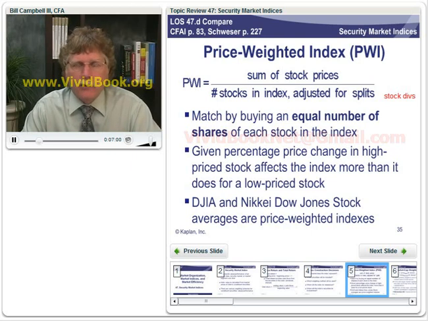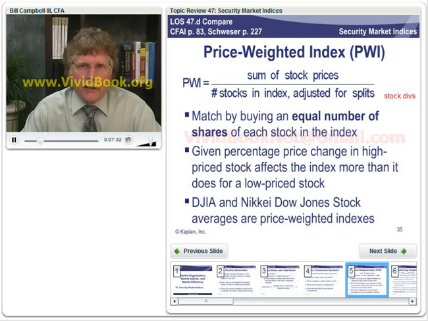So if you included Apple stock in there, which is trading somewhere around $600 a share, that's going to have a much bigger influence than would another stock that's only trading at $50 a share. At $600 a share, a 1% increase is much bigger than a 1% increase of a $50 per share stock. A couple of examples, the Dow Jones Industrial Average and the Nikkei Dow Jones Stock Average. These are both price-weighted indices.